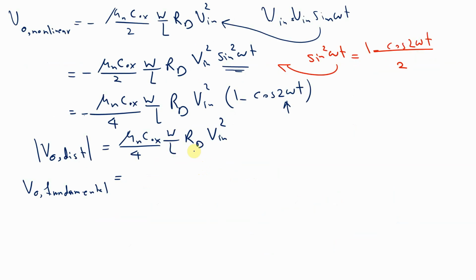Okay, here we have mu n C oxide W over L times V in minus V threshold times V in RD.